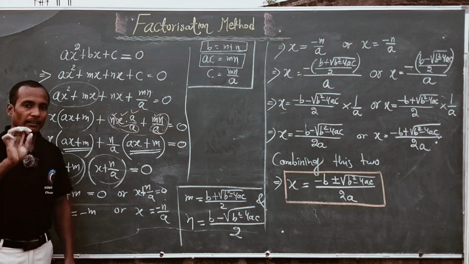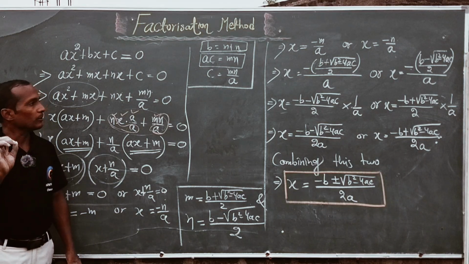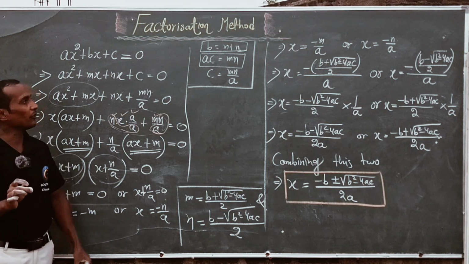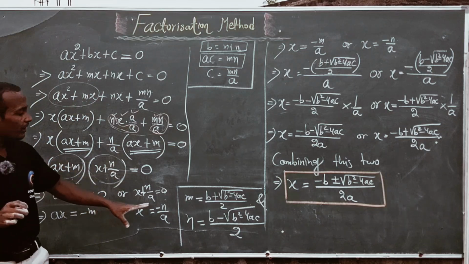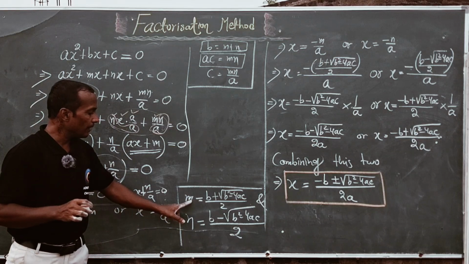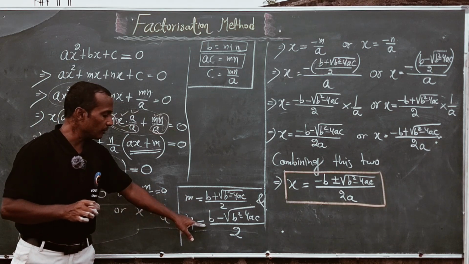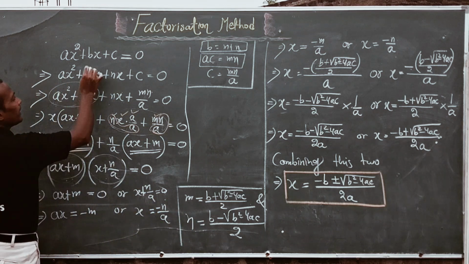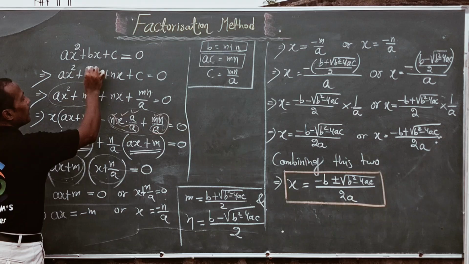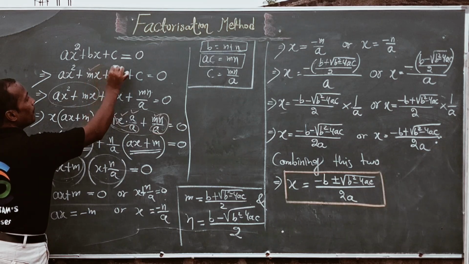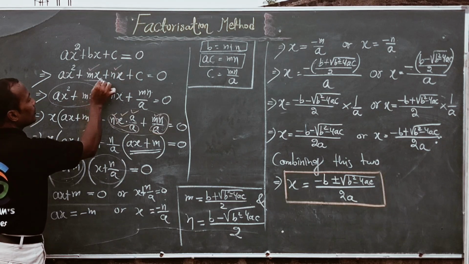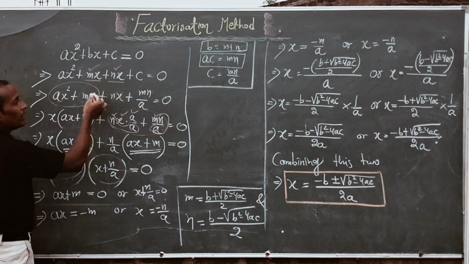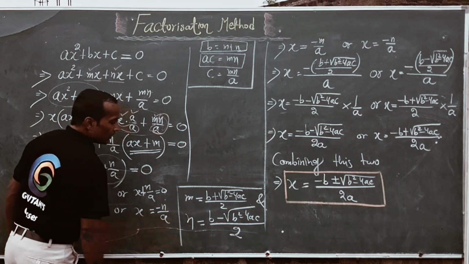And at the same time, let me tell you, when you are going to factorize your quadratic equation, you can use m is equal to this formula and n is equal to this formula to exactly know what will be taken in place of b. I mean the value of mx and nx. These two particular parts you can find out by using this formula.